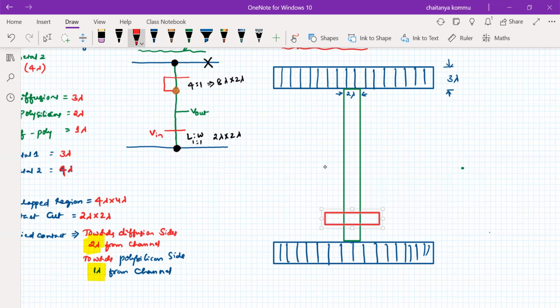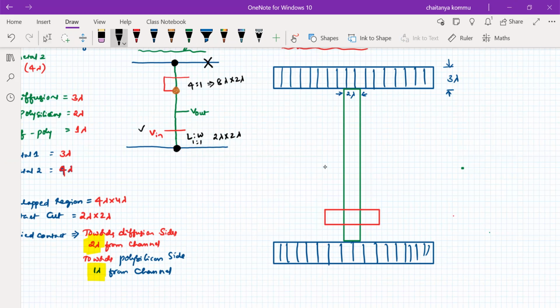So this line is meant for the channel. It's a 2 lambda channel. Okay, so that's it. So this is the VN signal that I have written here. I'm writing the VN signal.